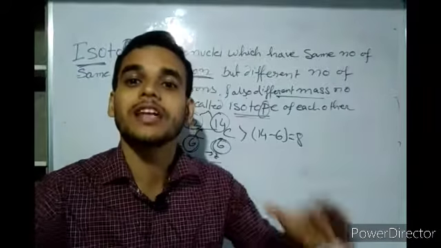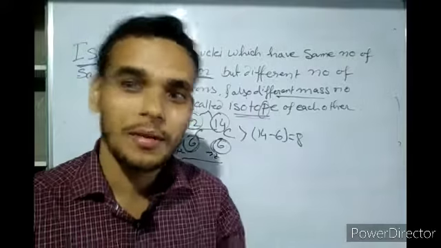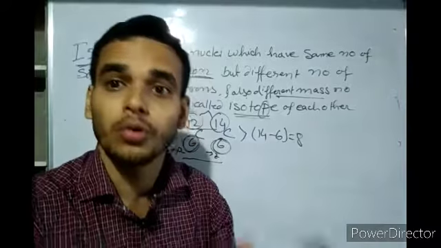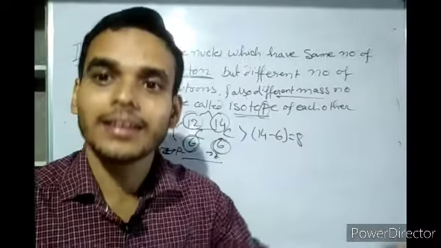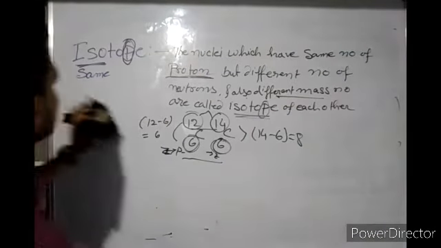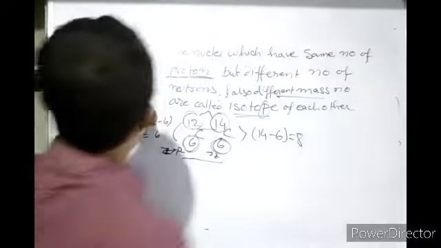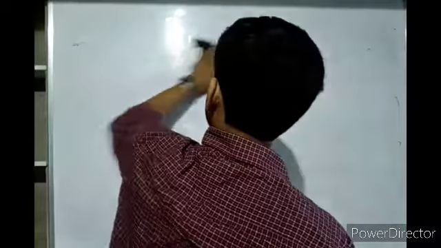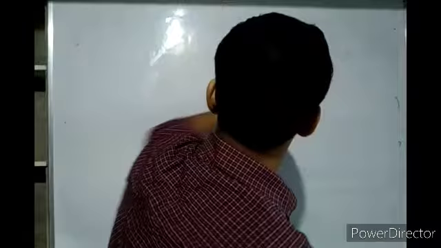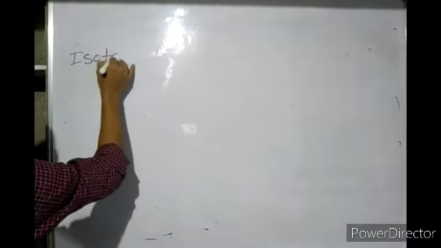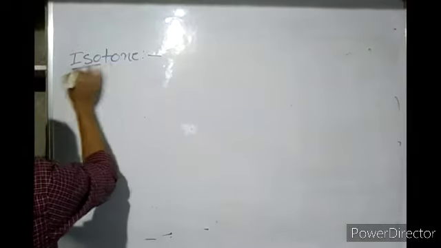So the nuclei which have the same number of neutrons but different number of protons or mass number are isotones of each other. Isotone: tone, n for neutron.